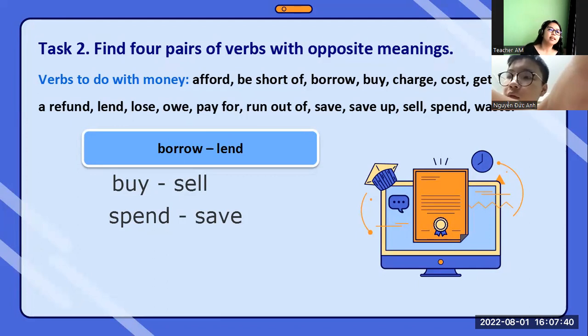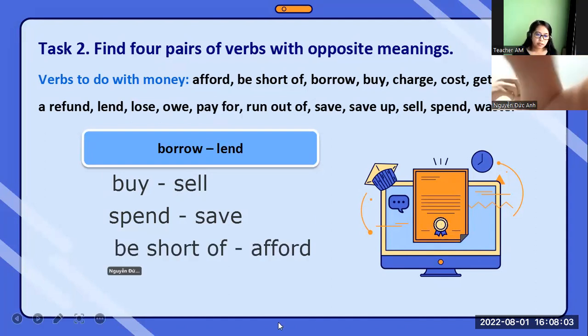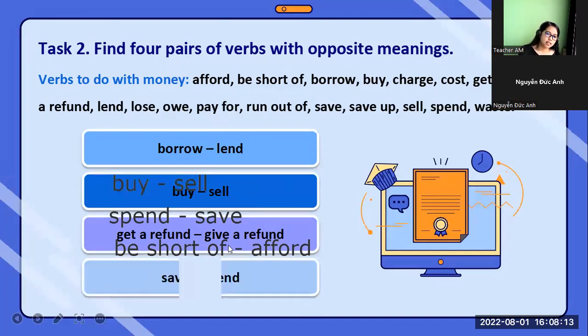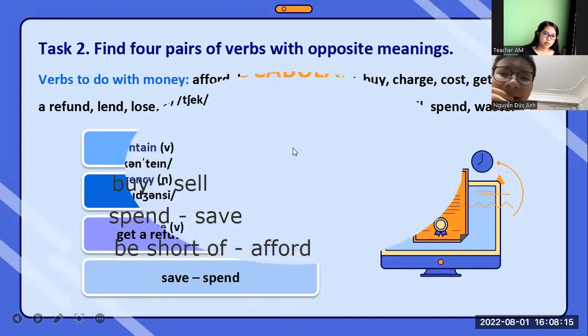What's the last pair, Anne? Be short of and afford. Okay, so we have here buy, sell, get a refund, give a refund, and save and spend. So that's all.